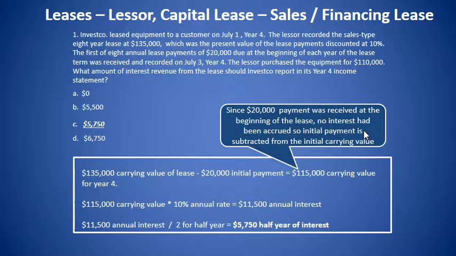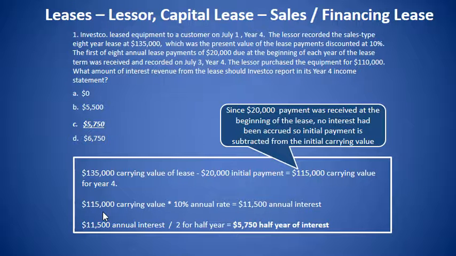So the initial payment is subtracted from the initial carrying value. It's almost like it's a down payment. So we have $135,000 carrying value of the lease minus our $20,000 initial payment. That means the carrying value in year 4 would be $115,000. So now we know with $115,000, we're going to basically subject that to our discount or interest rate of 10%.